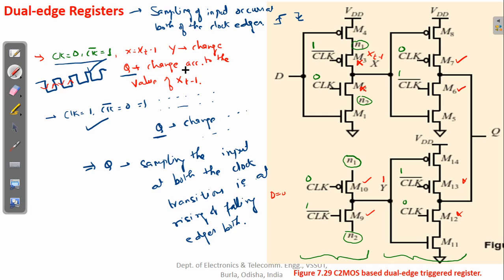Okay, so this is the advantage here, that you can work with a half-speed clock signal and still achieve the same amount of work by using these dual edge triggered registers.